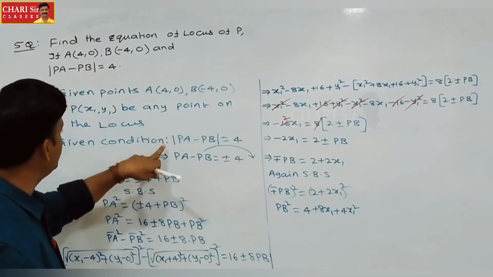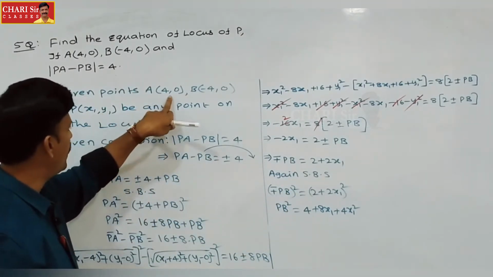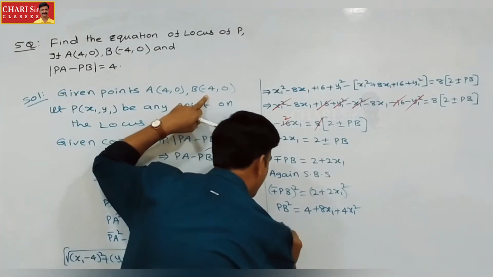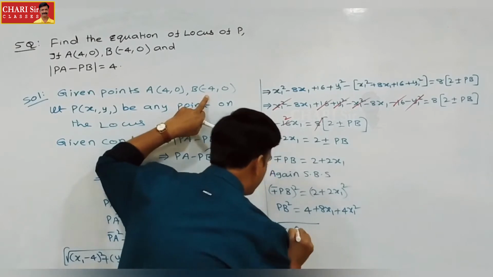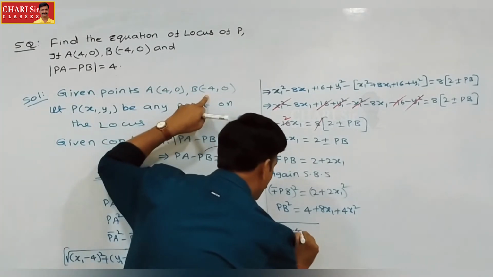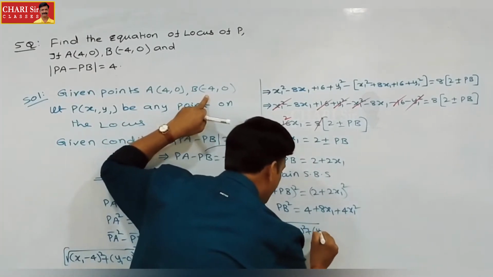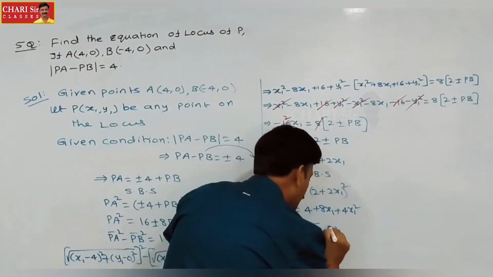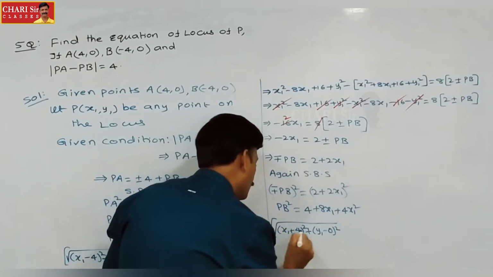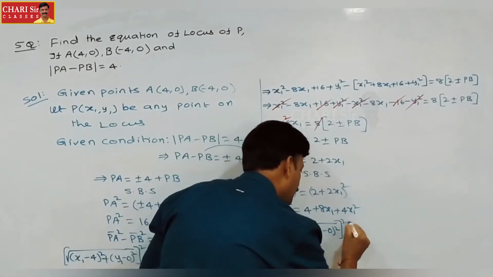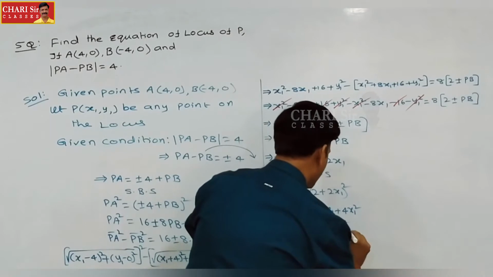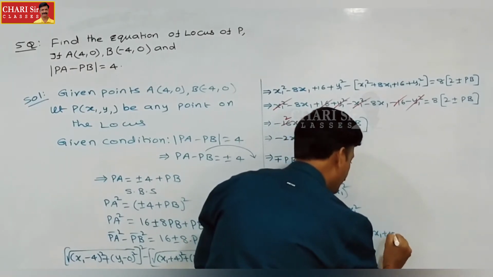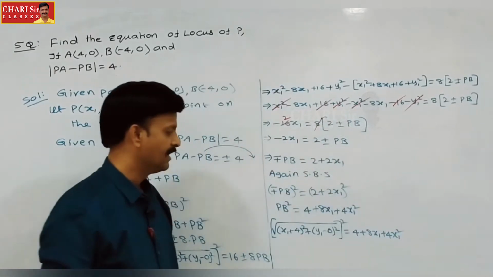Now PB square, again we need to find the PB distance and its square. P point is x1 comma y1 and B point is minus 4 comma 0. You can write it as the square root of x1 minus of minus, plus 4 whole square plus y1 minus 0 whole square, whole root and whole square, that is equal to 4 plus 8x1 plus 4x1 square, like this.